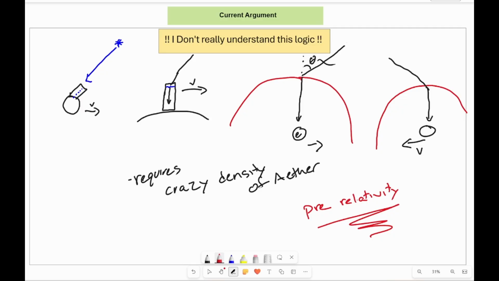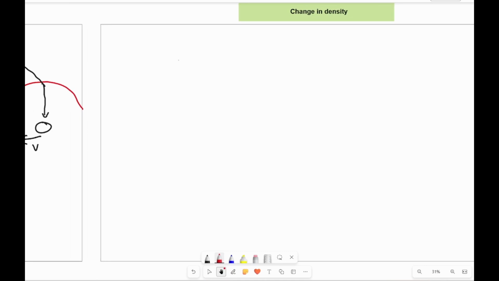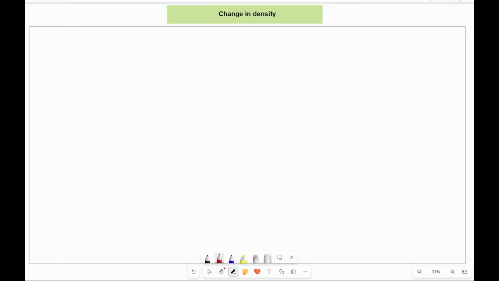But there's that. We're going to look at how light would actually get bent in a model for space-time particles. And there's two ways. One is due to the change in density, and the other is due to motion. So I introduced this concept of conservation of time, and this is period.